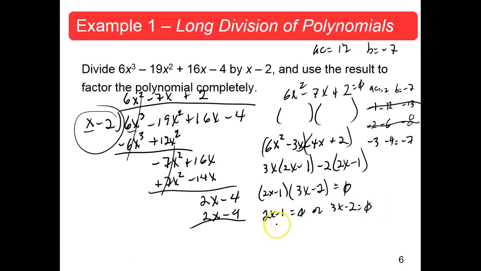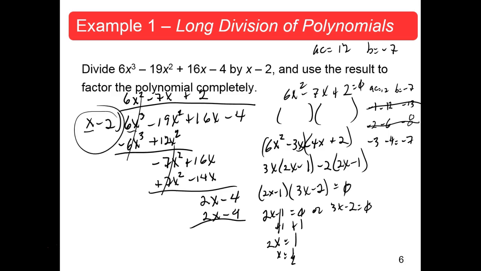That first one does what for you? Add 1 to both sides, and that gives you 2x is equal to 1. X equal 1/2. You divide both sides by 2. I'm running out of room, so I skipped that step.